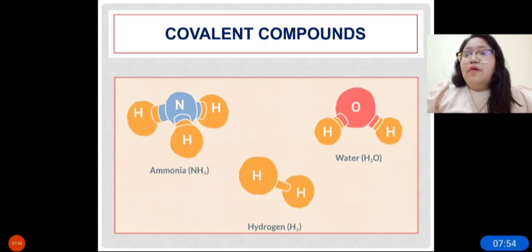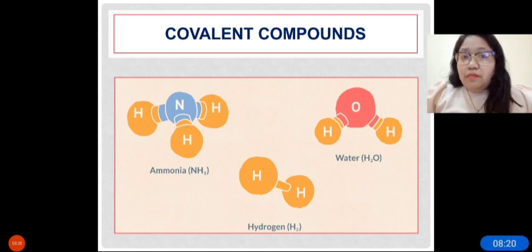Now we have covalent compounds, such as ammonia, hydrogen, and water. They are called covalent compounds because they are joined with covalent bonds. When you say covalent bonds, this has something to do with sharing of electrons. Okay? So, for example, in ammonia, we have NH3.